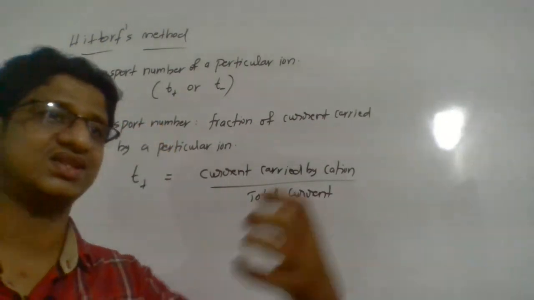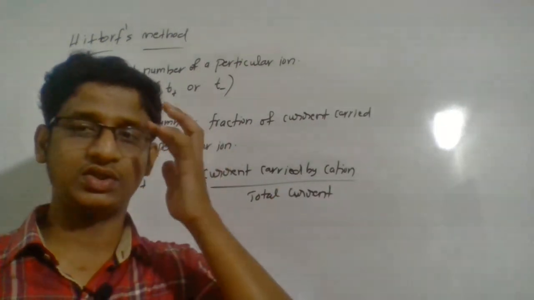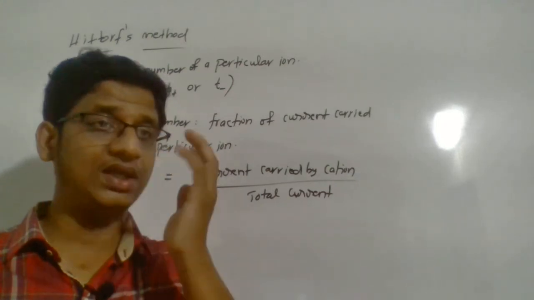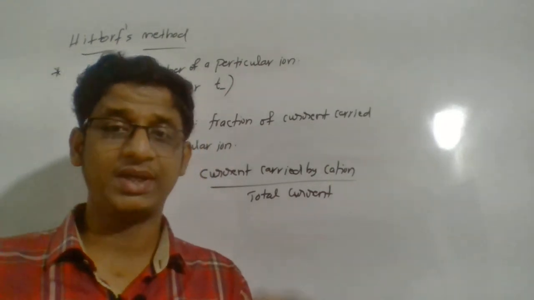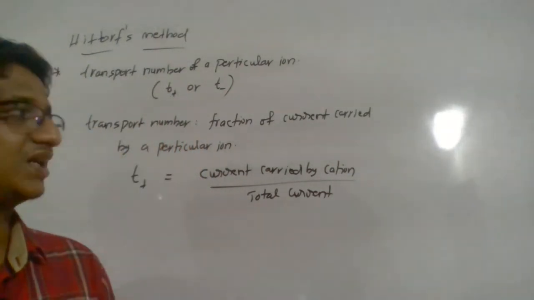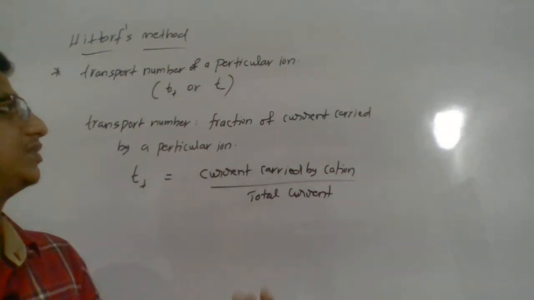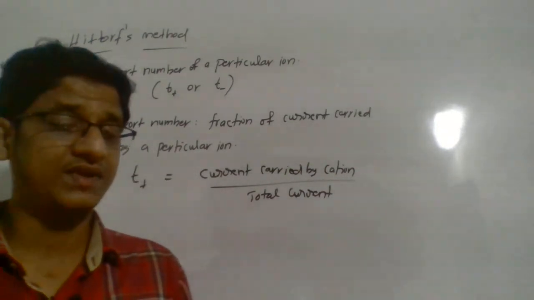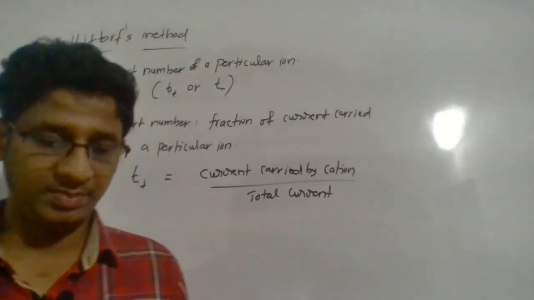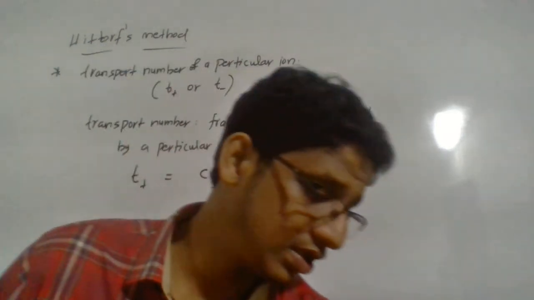So how fast an ion moves is always proportional to the fraction of current carried by that ion. The transport number is a very important term that you should learn. It is the fraction of current carried by a particular ion. Remember, it is different for different ions.